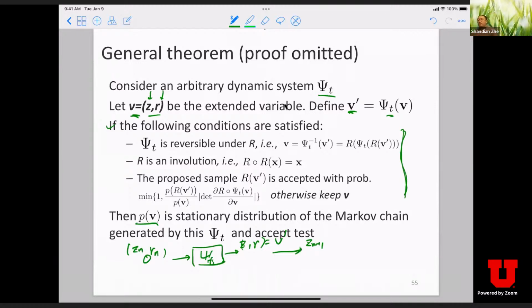Okay, so let us talk about the conditions we need to ensure our dynamic-system-based Markov chain is valid.